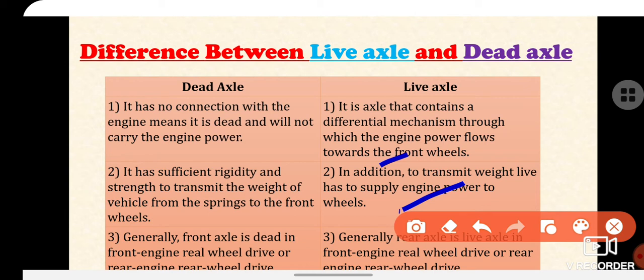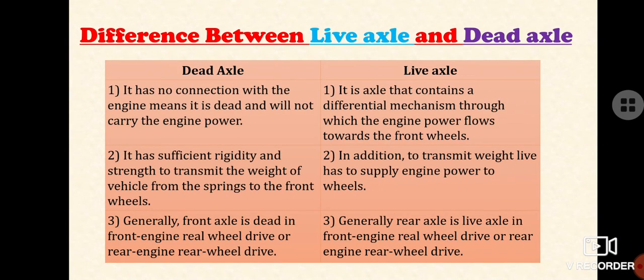Generally the front axle is dead in front engine rear wheel drive or rear engine rear wheel drive. But generally the rear axle is the live axle in front engine rear wheel drive or rear engine rear wheel drive.